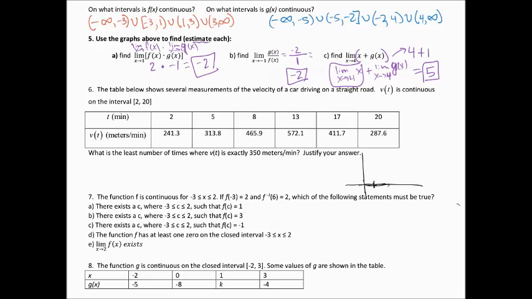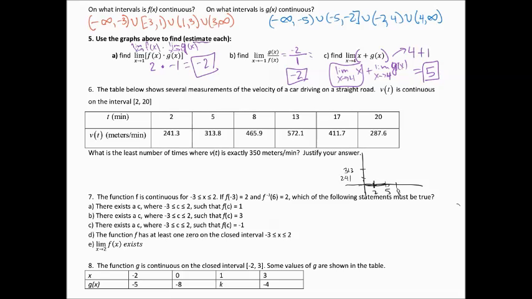So we're going to say this is 2, this is the point 241 and change. Over here, the next one is at 5, and we're up a little higher at 313 and change.